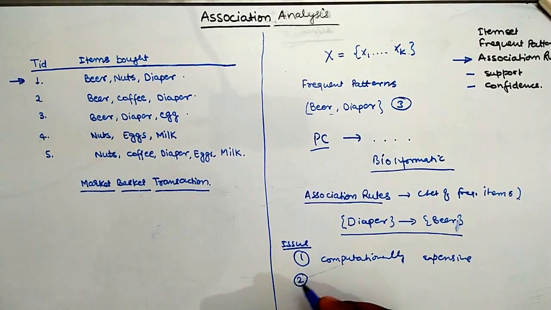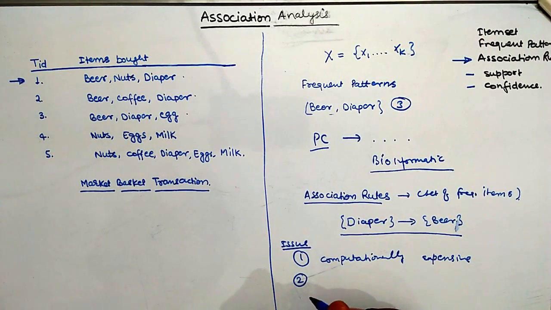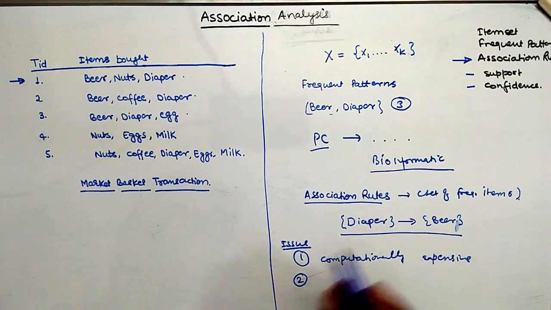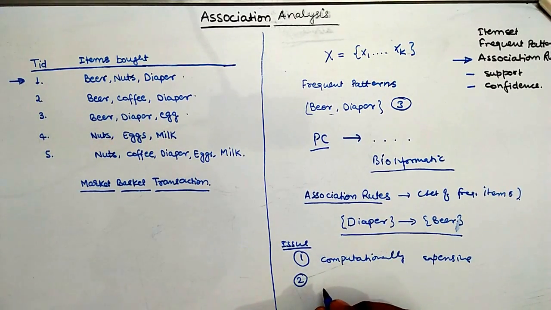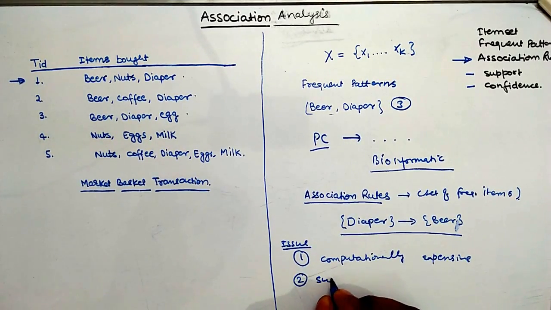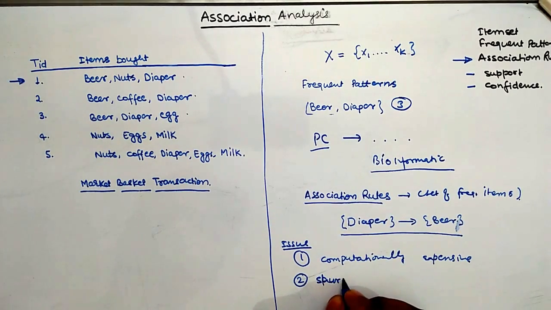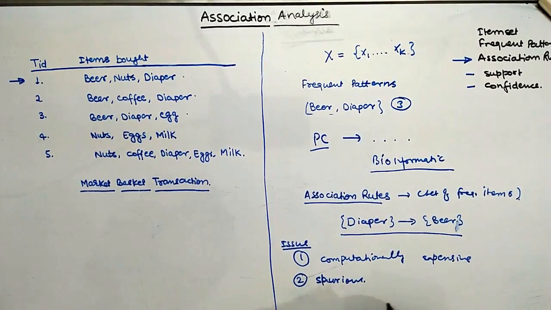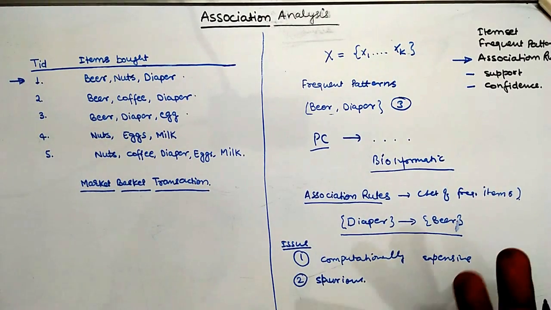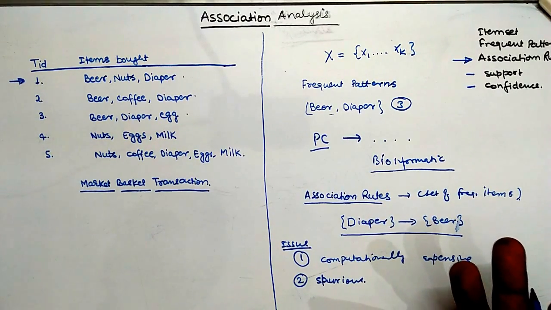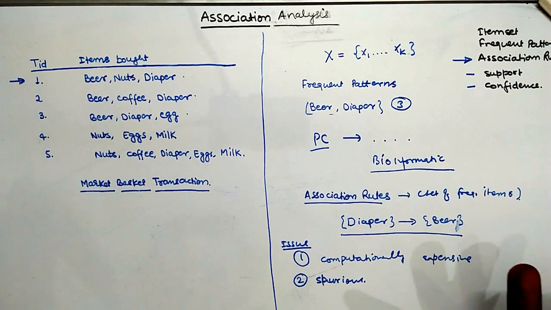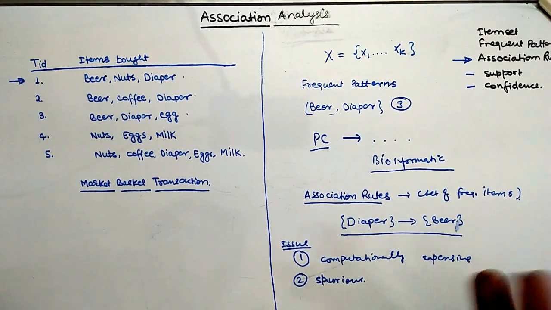The second issue is that the information inferred from this type of rule can be spurious. It is not always true. It may be spurious because it may happen by chance, since it is possible that some customers purchased diapers and beer by chance.